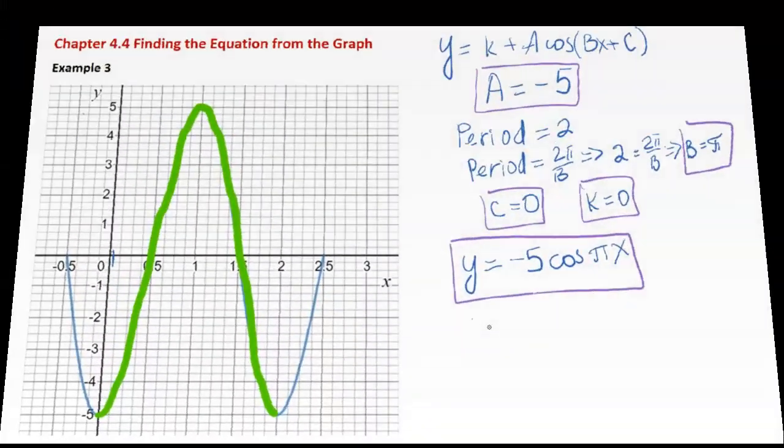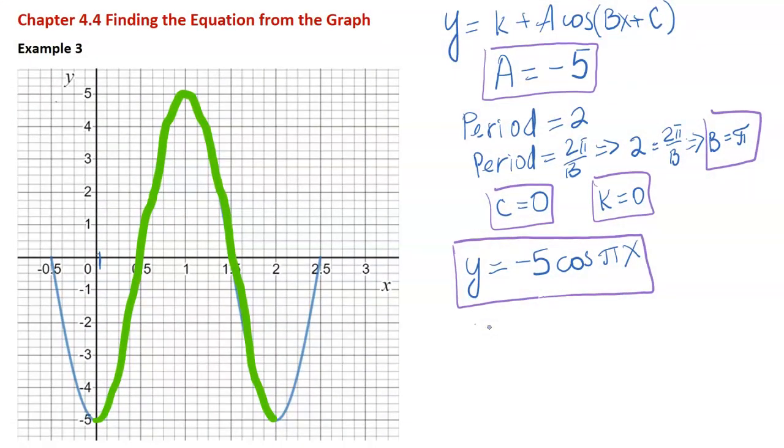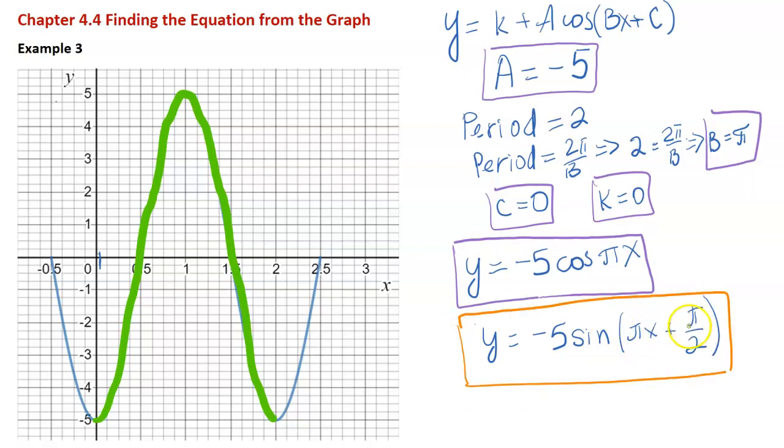Now let's compare this with the equation of the graph in the sine form that we found before. Y equals -5 sine of pi x plus pi over 2. We can notice that the two equations differ by the phase shift of pi over 2. And we can observe it by looking at the graph as well.